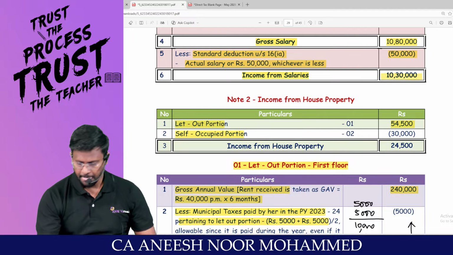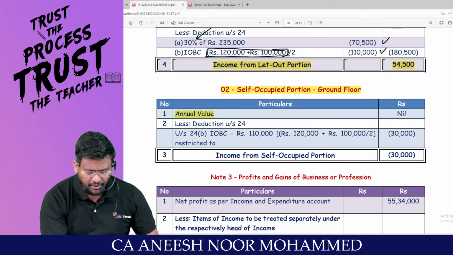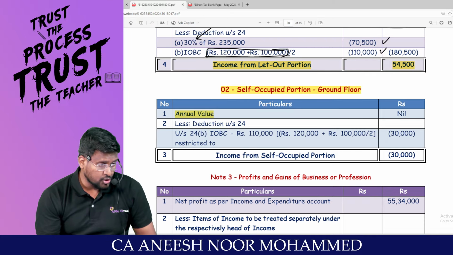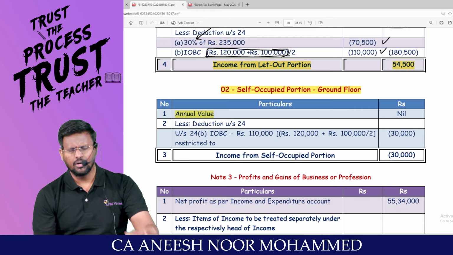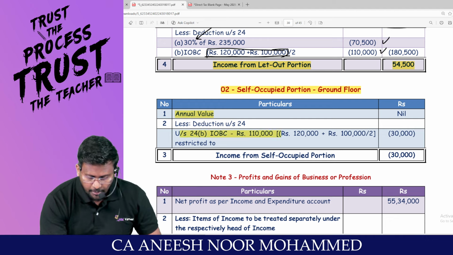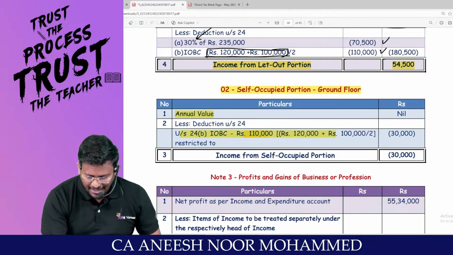Happily accepting. Coming to the self-occupied portion, remaining 50%: GAV nil, less municipal tax not applicable, NAV nil. Hence there is no question of 30% at all. Is she going to travel through the optional tax regime? Then interest on borrowed capital can be claimed, which is 1,10,000.